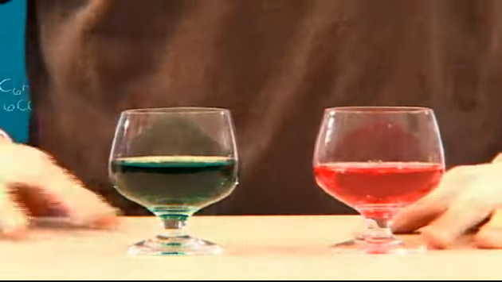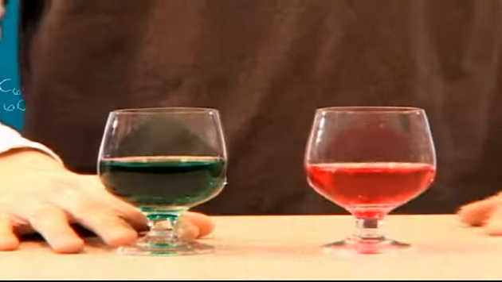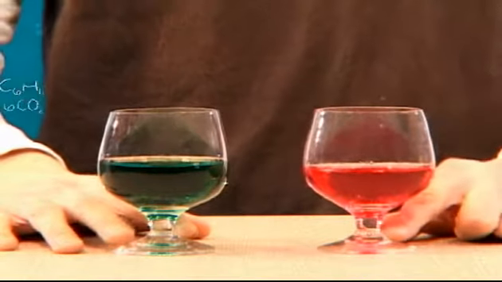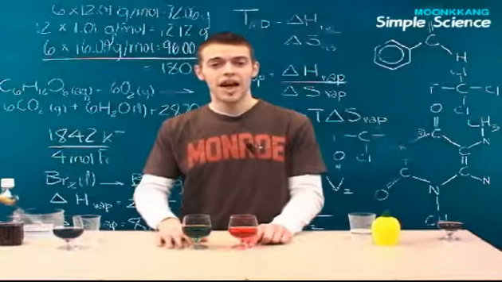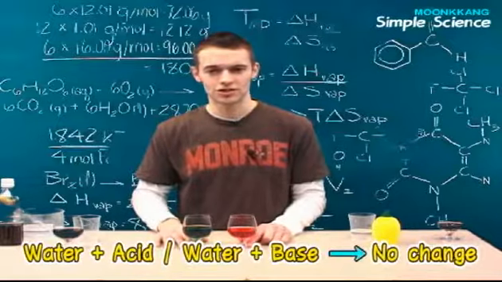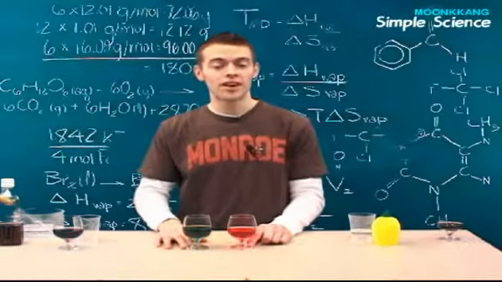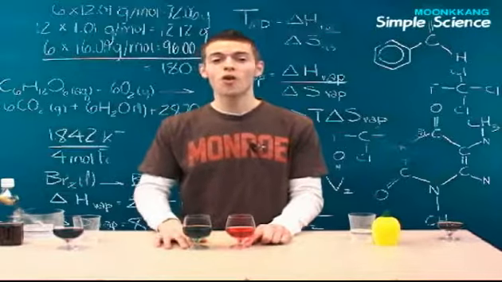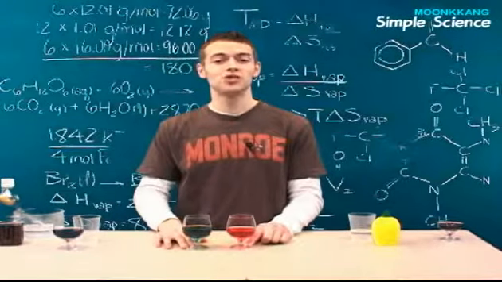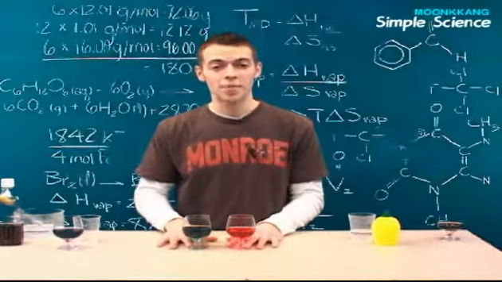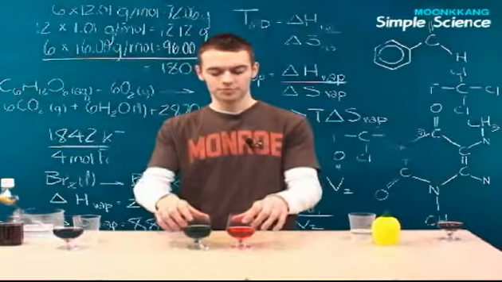So let's take a closer look at our glasses. So what you can see is the color of both the acid and the base have not changed when we've added water. This is because the water does not accept or donate protons because it is neutral. No reaction happens between these.